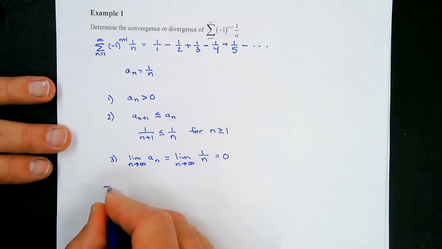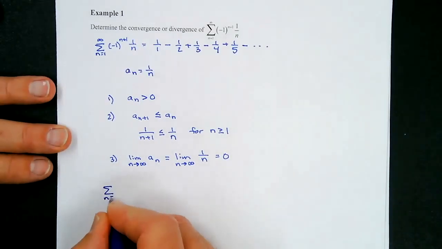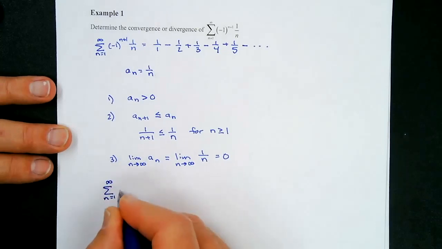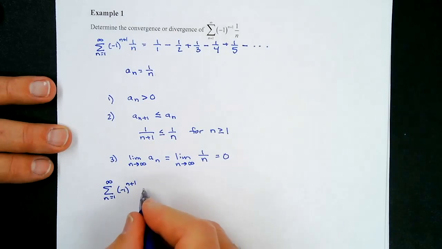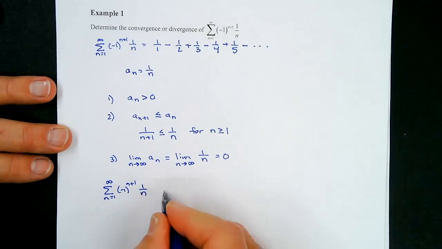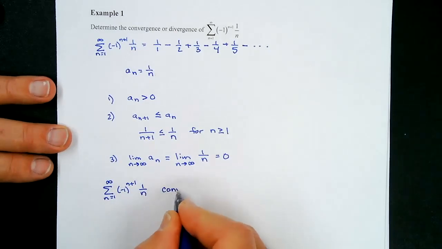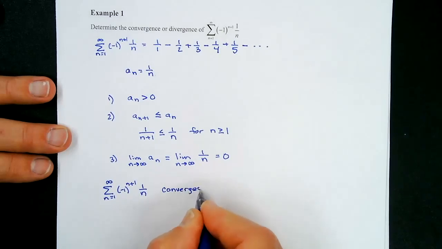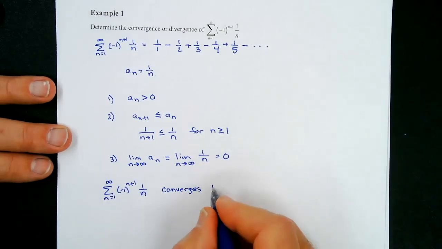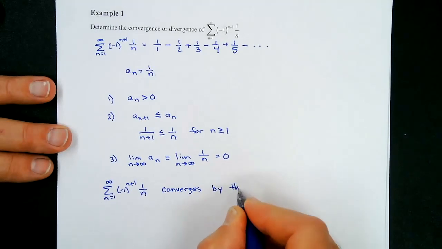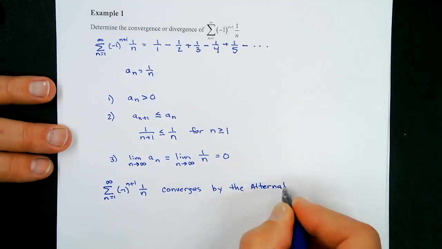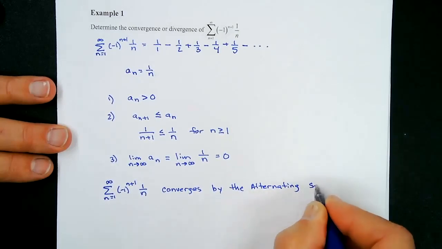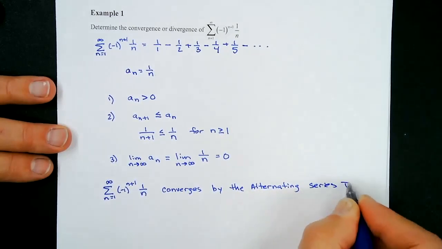So we would say sigma n equals 1 to infinity of (-1) to the n plus 1 power times 1/n converges by the alternating series test. Okay.